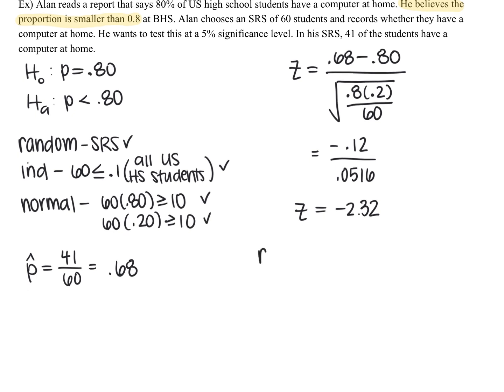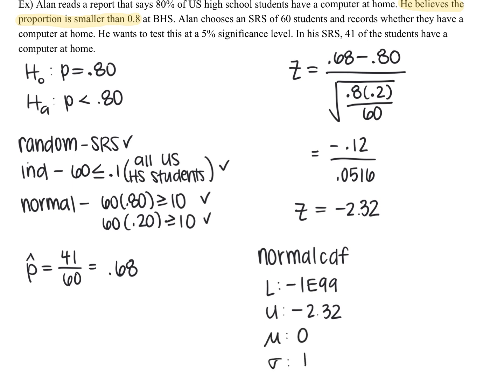Okay, now to find my probability, I'm going to use normal CDF. So because my alternative hypothesis is less than, my lower bound is negative 1e99. My upper bound is negative 2.32. We're going to plug in our mean of 0 and our standard deviation of 1.